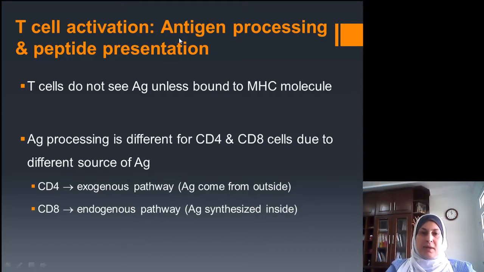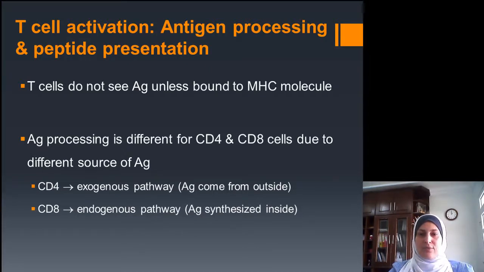So let's talk about T cell activation, antigen processing, and peptide presentation. As I mentioned earlier, T cells do not see the antigen. The antigen needs to be a peptide, and it needs to be bound to an MHC molecule. T cells only see what is presented by the MHC.